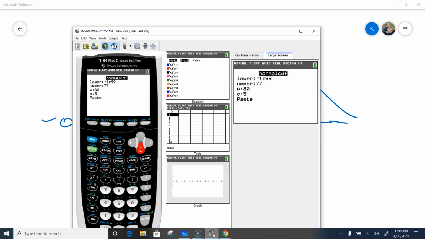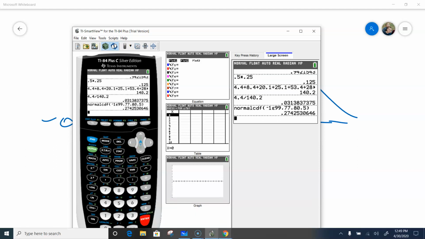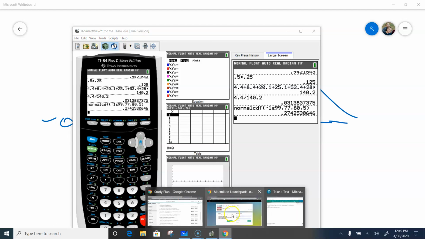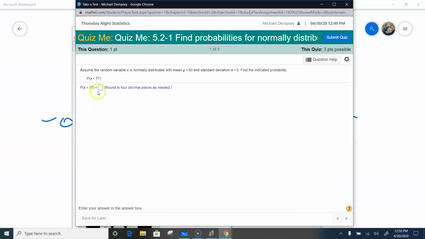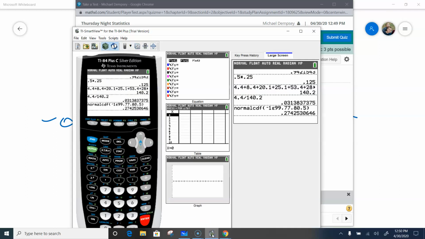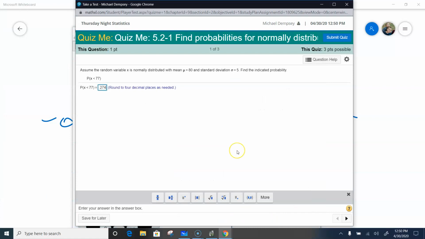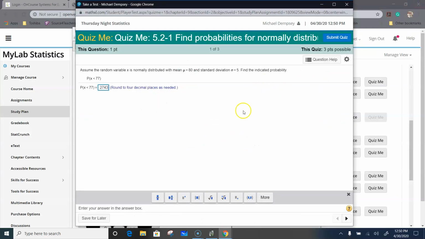They gave us that. So I get 0.274. Four decimal places, great. That's the fourth decimal place, 0.2742, which is going to get rounded up to 3, since there's a 5 after it.